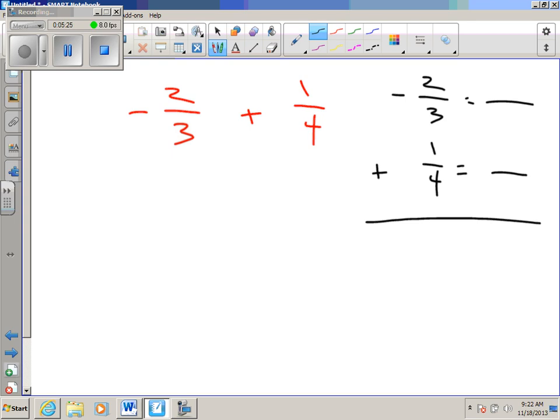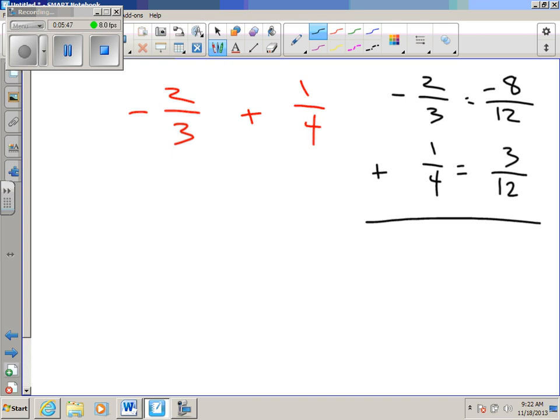The first thing we have to do is convert them. Then we can worry about the integers and what direction we're moving on a number line and all that. But go through this process first. 3 and 4, I'm thinking probably 12. Times 4 is 8. Negative 8. Times 3 is 3.